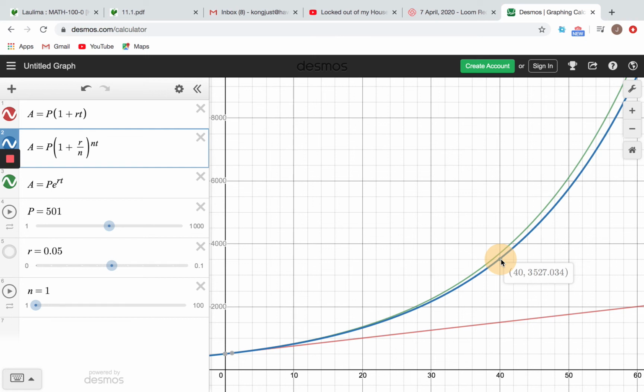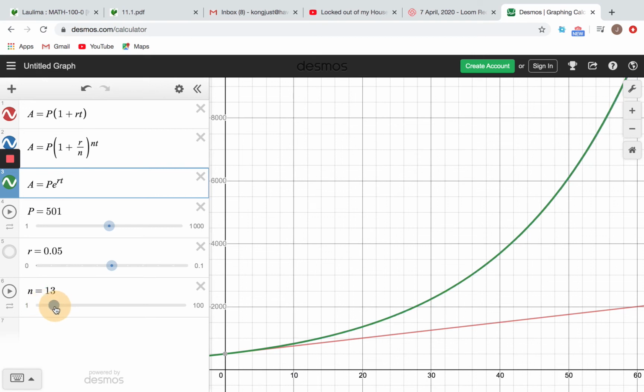That's like 7 times what you started with. That 7 times multiplication factor is going to be true regardless of what I started with. So if I started with $1,000, I'd end up with 7,000. And for continuous, a little more even, a little more than compounding once a year.